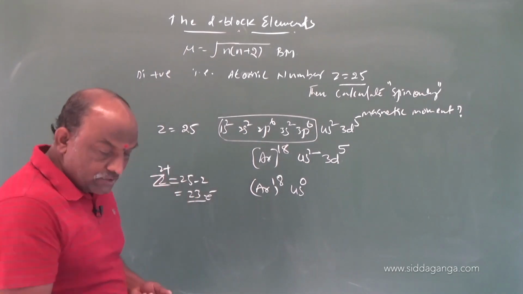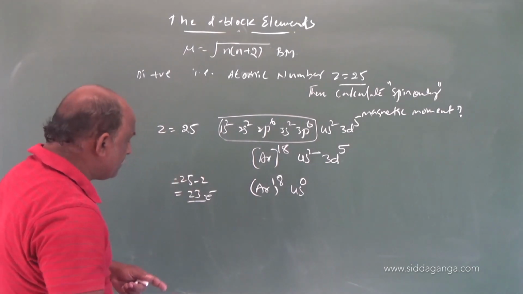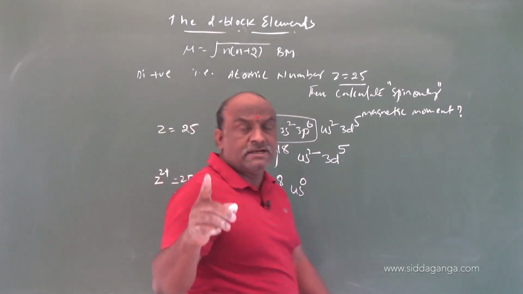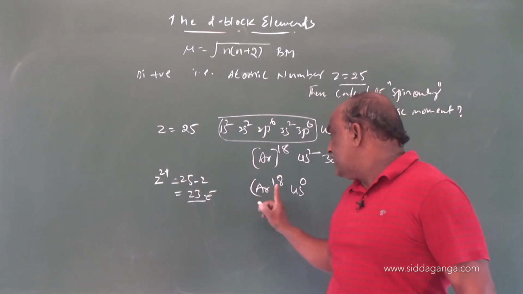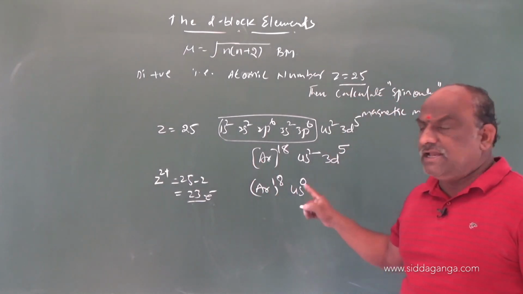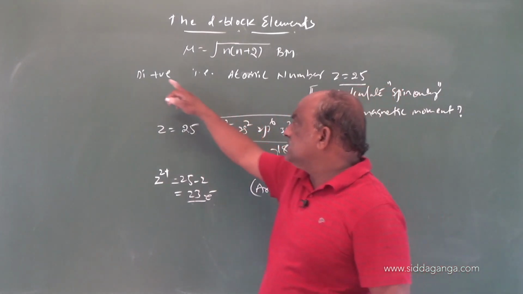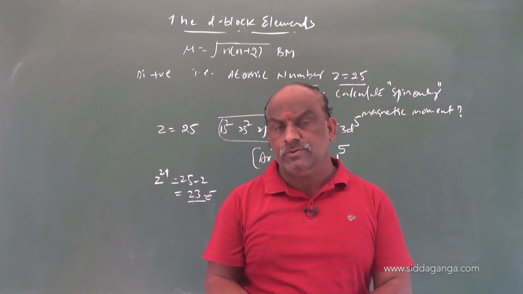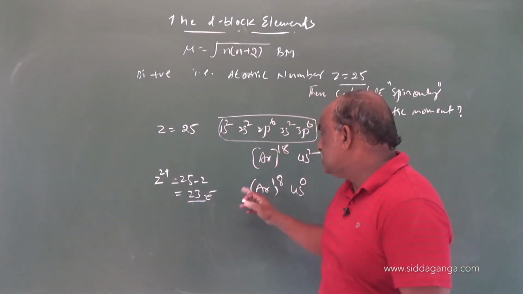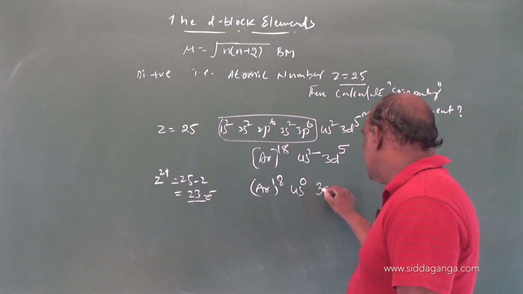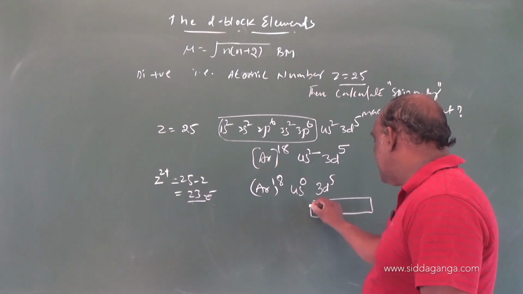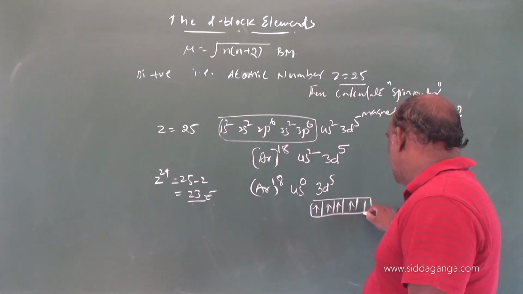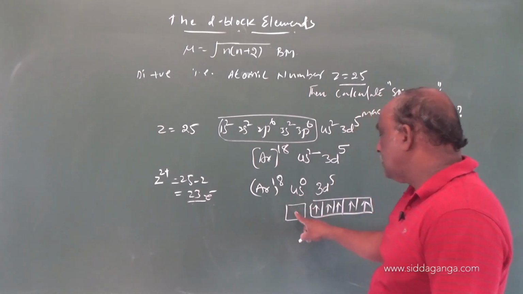Dipositive means 2 electrons you remove; tripositive means 3 electrons you remove. So after removal of 2 electrons, the remaining is 3d5. Expand this 3d5: 1, 2, 3, 4, 5, and it is 4s0, no more electrons.